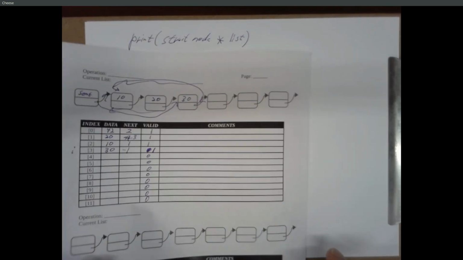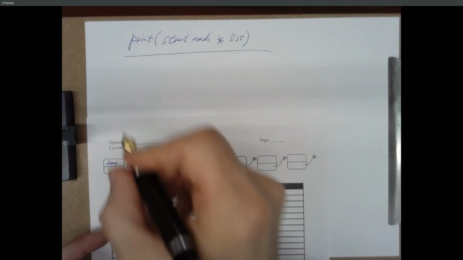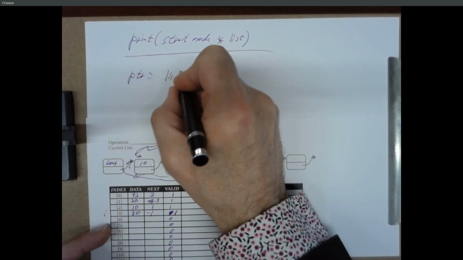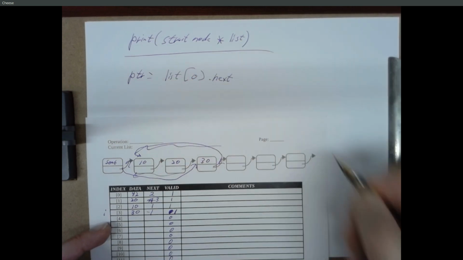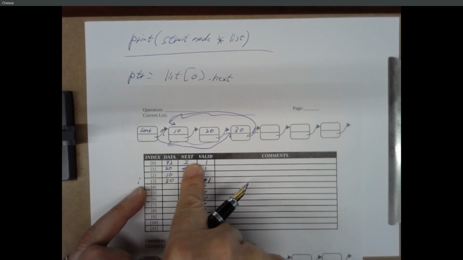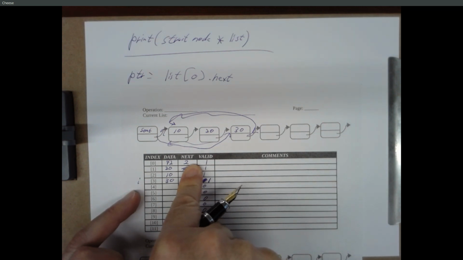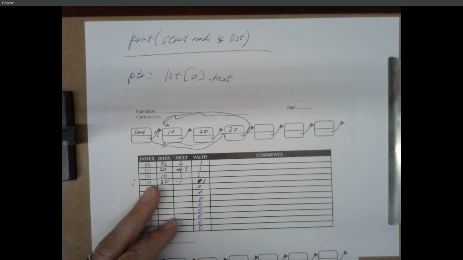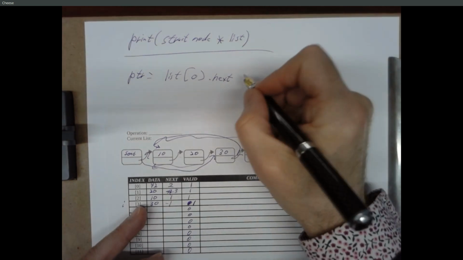So let's write some algorithmic steps. Pointer equals list bracket 0 dot next. If I go list bracket 0 dot next, I get a 2. What is the meaning of that 2? It's an index.